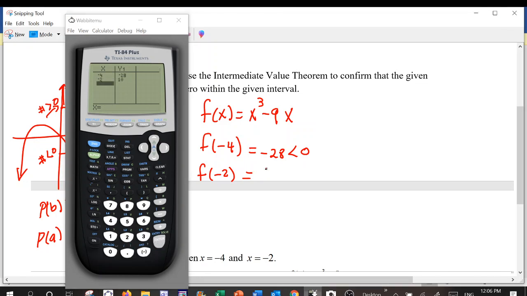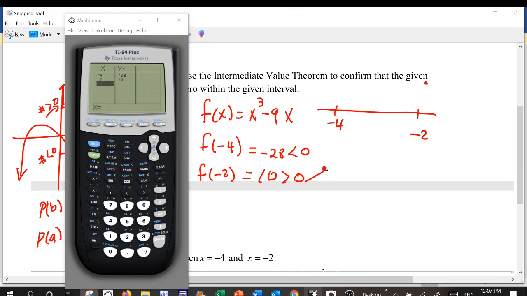That is 10, which is positive. Sorry about that. So at negative 4, this is negative 28, which is negative, and at negative 2 it is 10, which is positive.